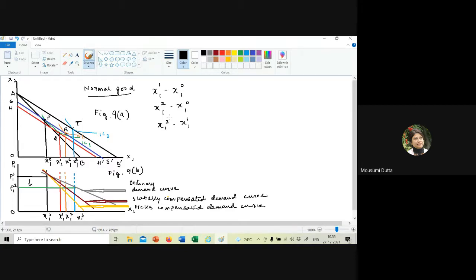Hence, the movement from Q to T provides the income effect of relative price change.